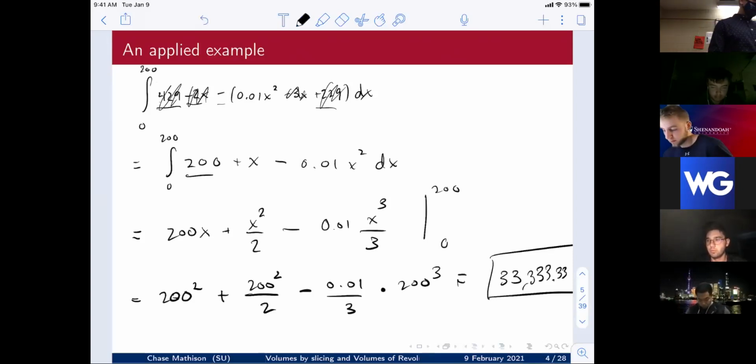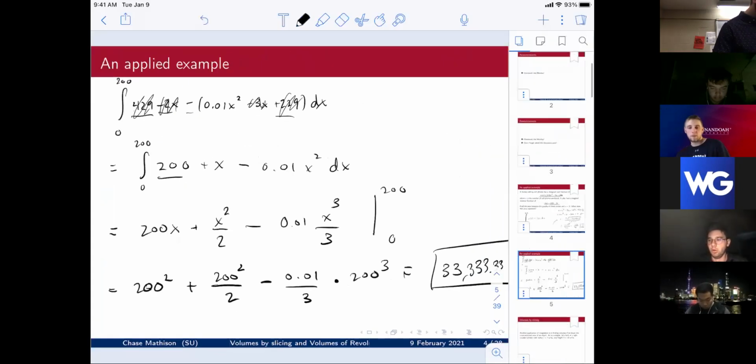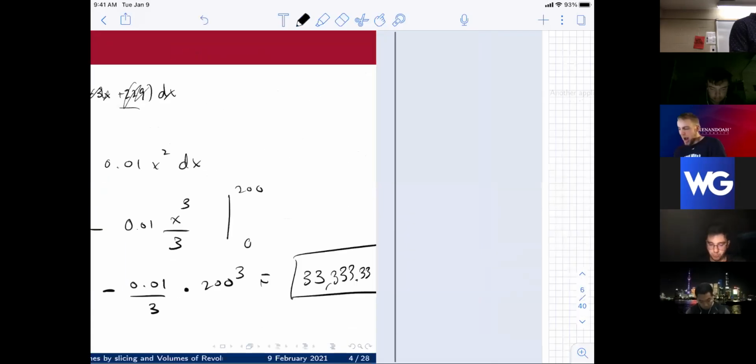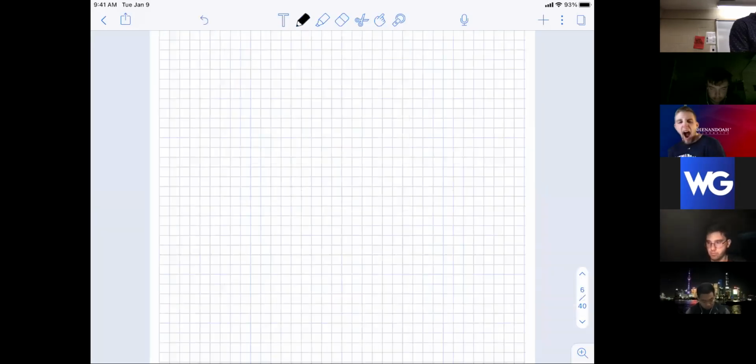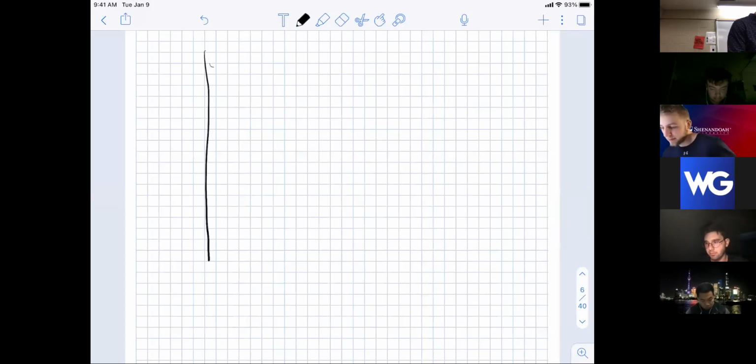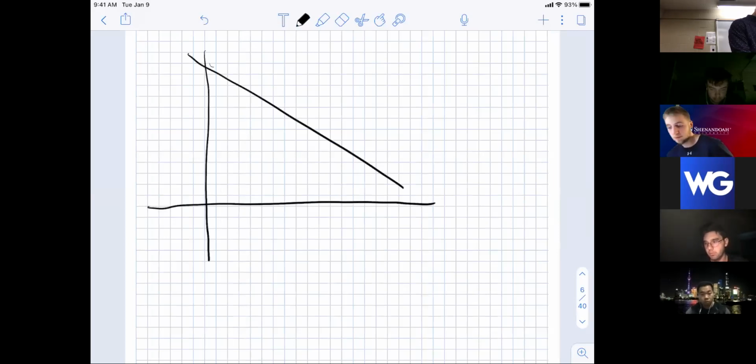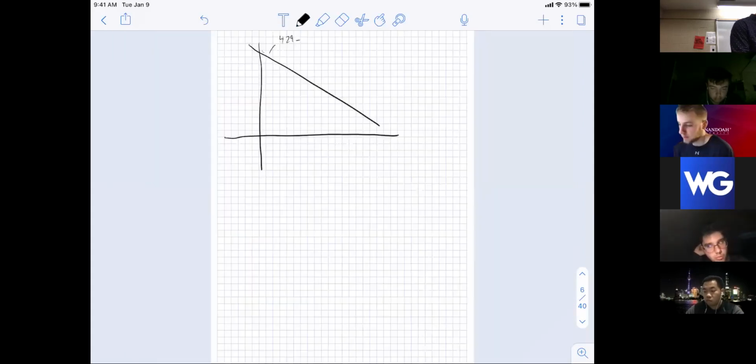So this tells me that if I draw, let me draw the area that we were interested in. If we sketch it very roughly, like I did yesterday, here's the marginal revenue, 29 minus 2x.